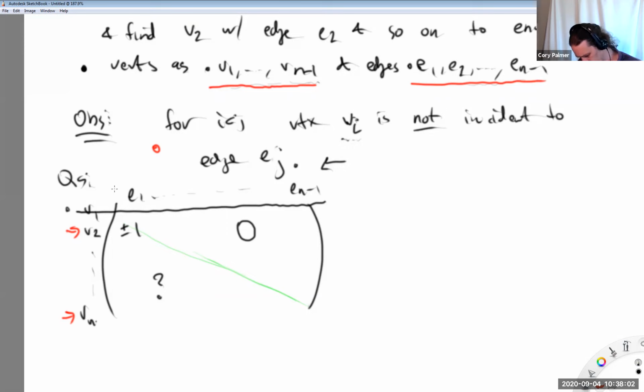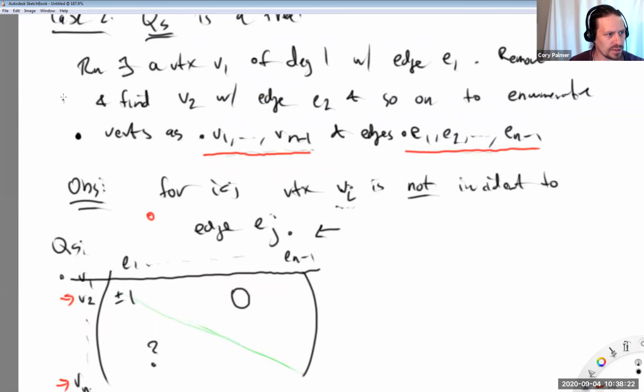Okay, so yeah, it's not helping. Possibly I need to do this enumeration, this procedure, like name things a little bit differently to solve this.